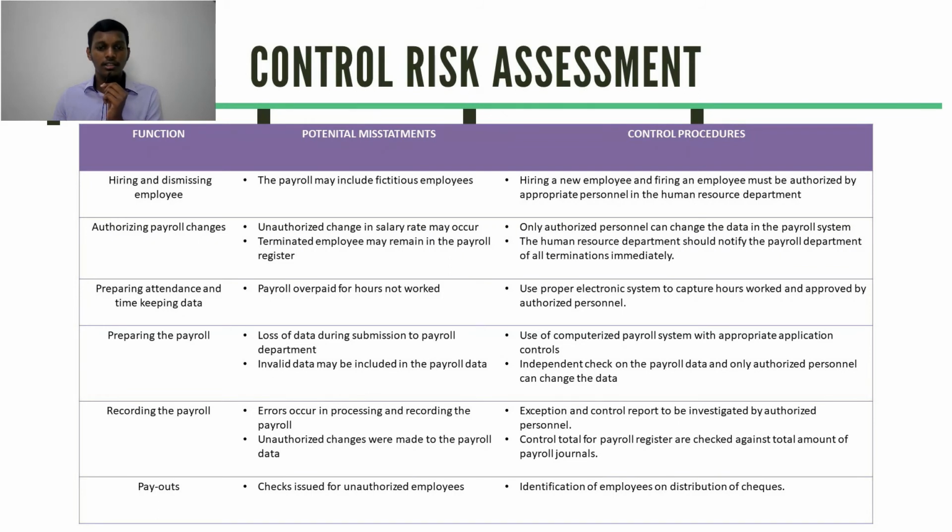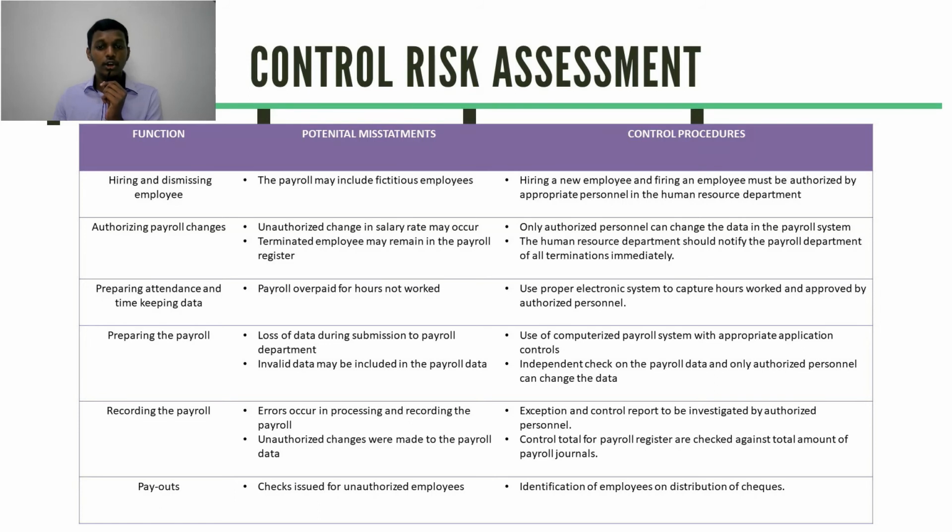Fourth function, preparing the payroll. The potential misstatements are loss of data during submission to the payroll department and invalid data may be included in the payroll data. The control procedures are use of a computerized payroll system with appropriate application controls and independent check on the payroll data, and only authorized personnel can change the data.